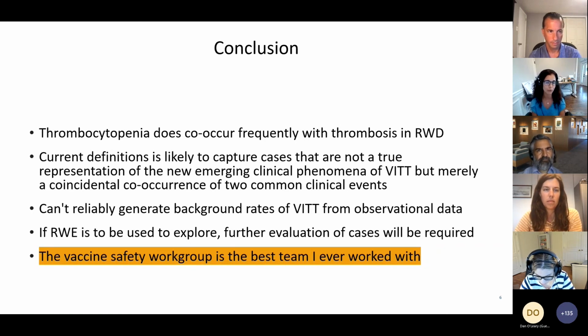So we thought that what we're observing is just a chance co-occurrence of the two events, given that thrombosis itself is fairly common and thrombocytopenia is common, so they can co-occur within 7 days or so. And we cannot rely on generating background rates of VATT from observational data because of that noise. If real-world data or evidence is to be used to explore this, further evaluation of cases will be required.